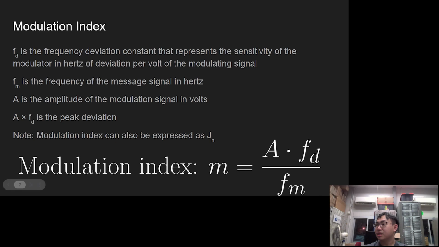The modulation index looks like this: M equals the peak deviation, A times FD, over the signal frequency in hertz.